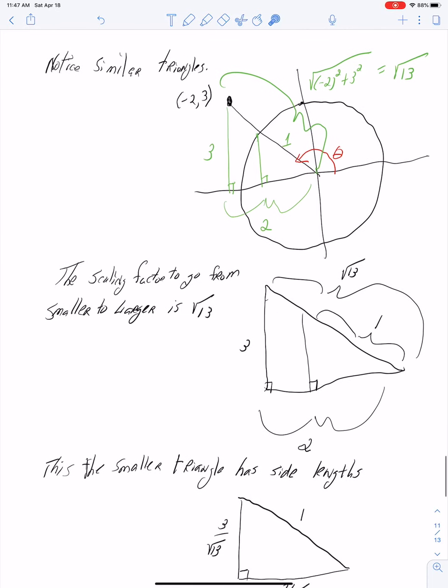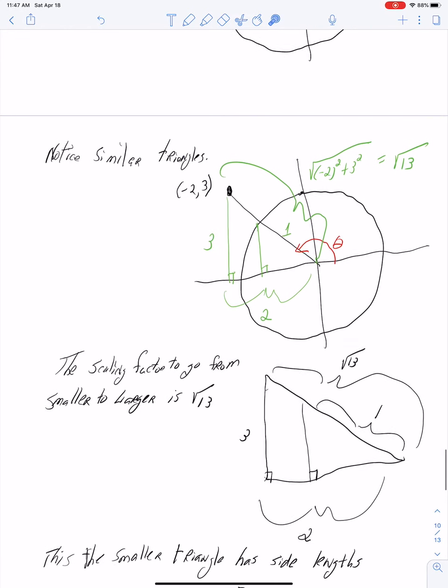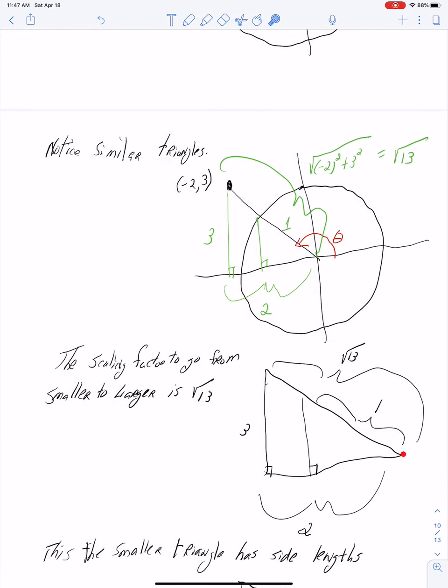Well, I have to use the Pythagorean theorem. And the Pythagorean theorem says that it is the square root of this squared plus this squared. So 3 squared plus 2 squared, 9 plus 4 is 13. This hypotenuse here is the square root of 13.